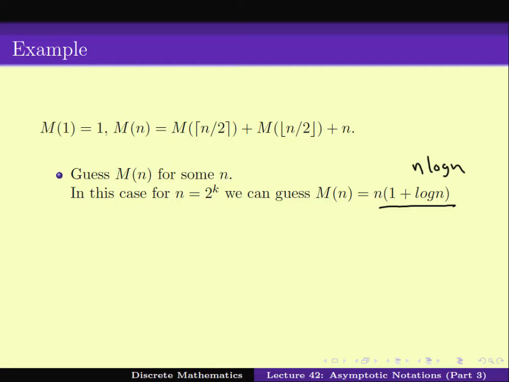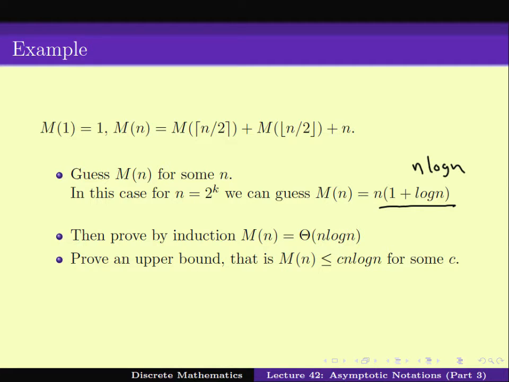The next step is to prove by induction that mn equals theta of n log n. Now what do we mean by theta of n log n? Theta of n log n actually has two parts to it. One is an upper bound: you have to prove that mn is less than or equal to c n log n for some c.